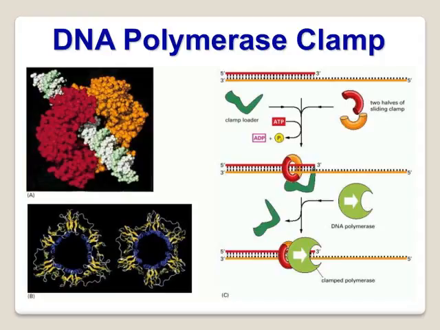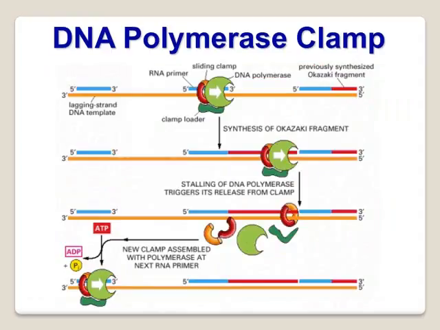It goes around the DNA as a clamp and anchors the DNA polymerase to that region so that DNA polymerase can go along the DNA molecule as it synthesizes the new strand without falling off. Again, this is just a picture of the DNA clamp, and when it reaches a point where it needs to fall off, then it falls off and is used for another synthesis.